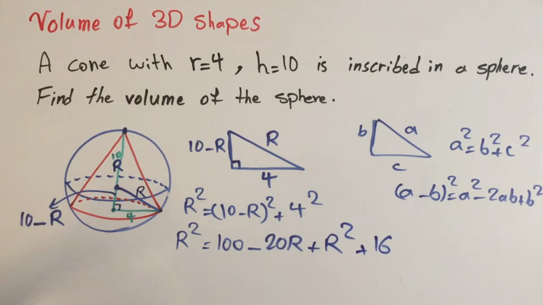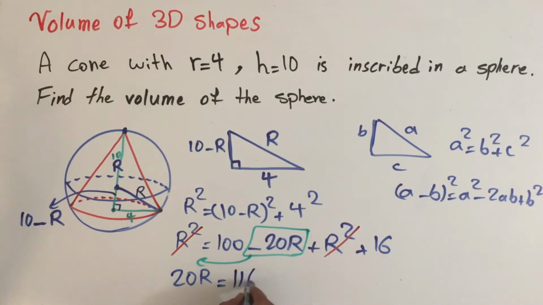Now as you see, the r squared terms are gone from each side of the equation, and I can bring this one to the left side. So I have positive 20r equals 116.